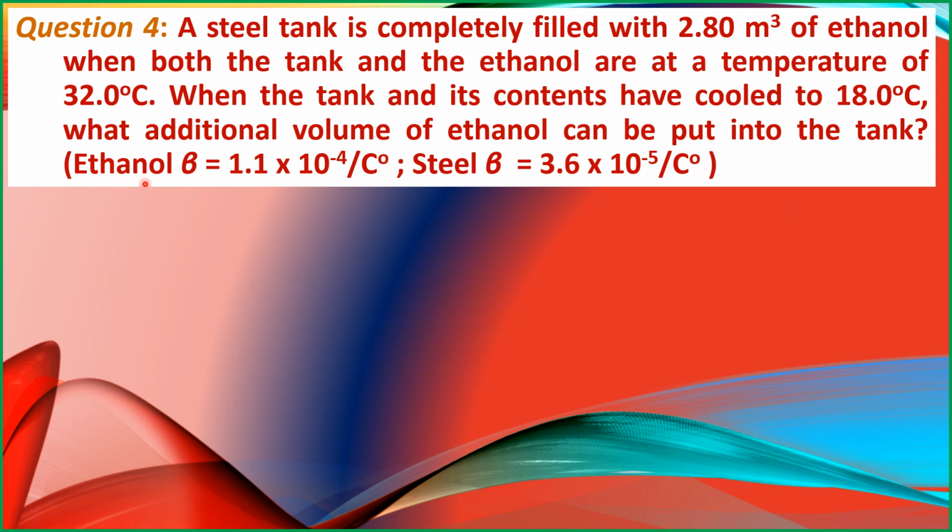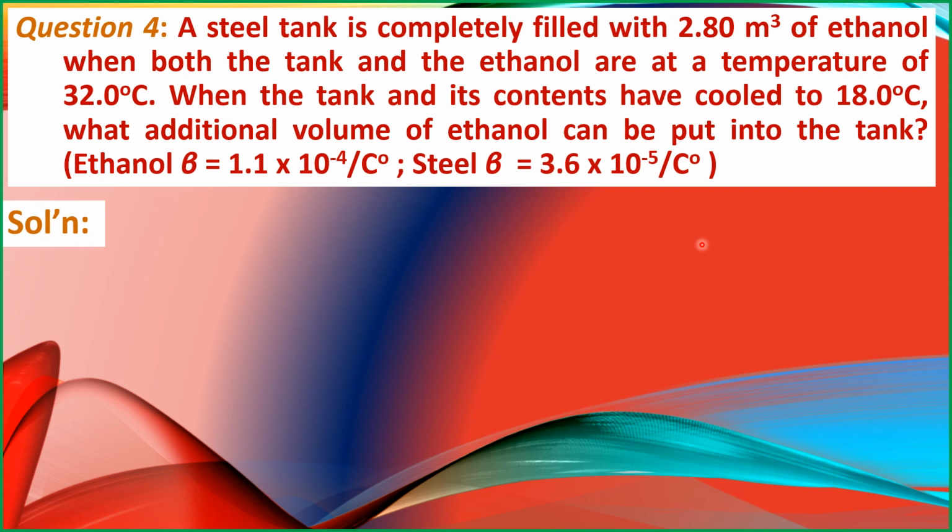We use the volumetric thermal coefficient. For ethanol, beta is equal to 1.1 raised to the negative 4 per Celsius degree, while for steel, beta is equal to 3.6 raised to the negative 5 per Celsius degree.